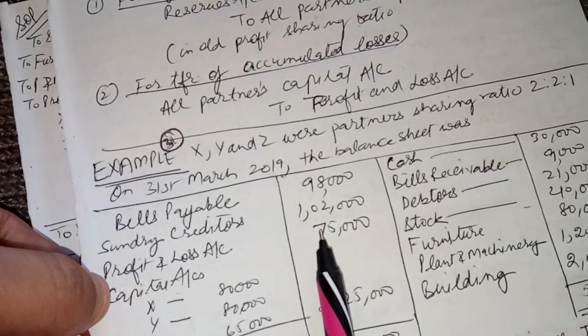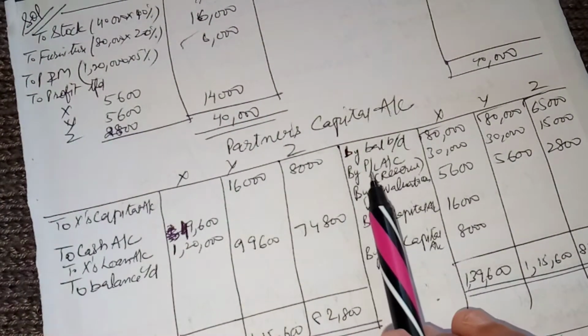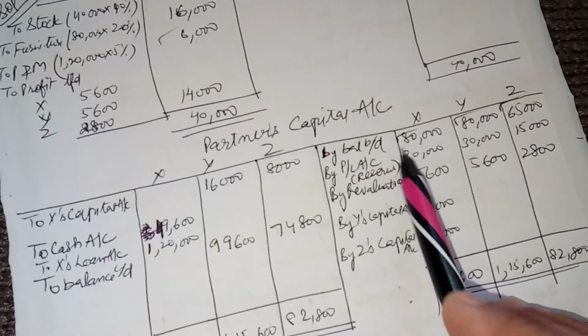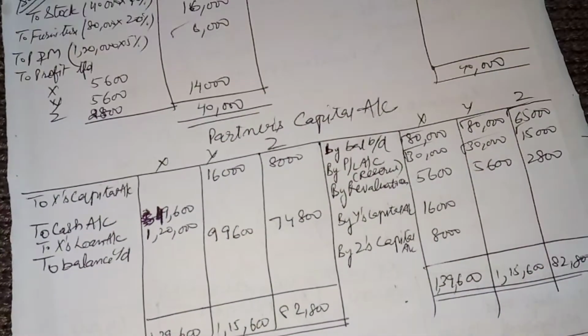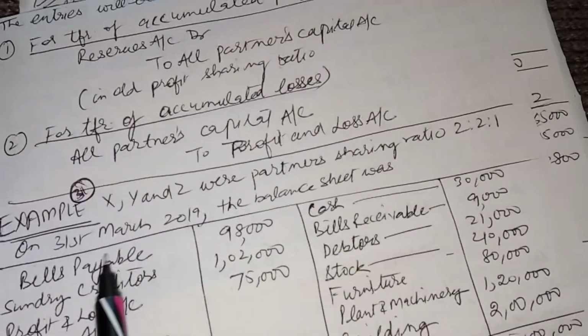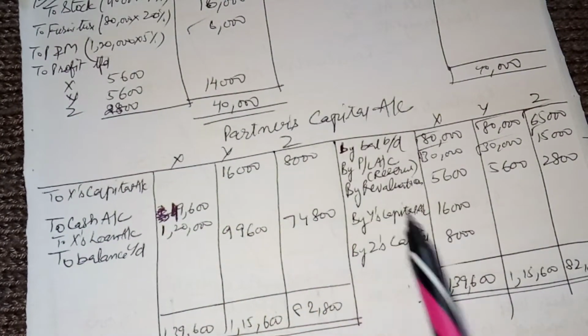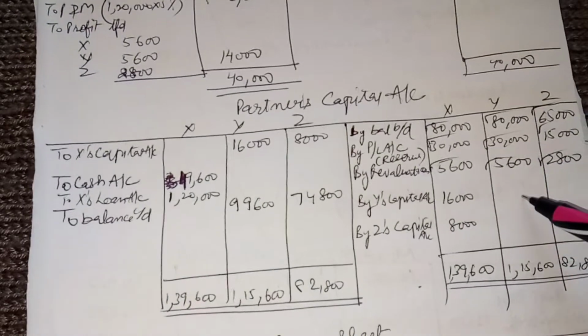The profit and loss account, the earlier debit balance of profit and loss 75,000, will be divided in the old profit sharing ratio, 30, 30, 15, in their old profit sharing ratio, that is 2:2:1. And then the profit of the revaluation account will be transferred to them. So all these entries are there.